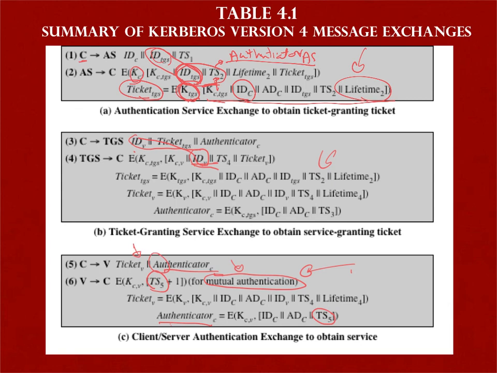So when I present this ticket to the TGS, the TGS will be able to open it, because it has KTGS. This way it can verify the lifetime of that ticket and the content of that ticket, your IP address, your user ID, everything.